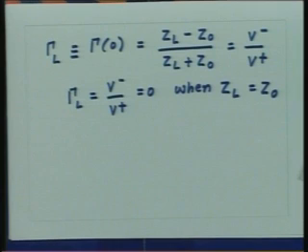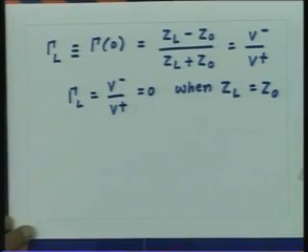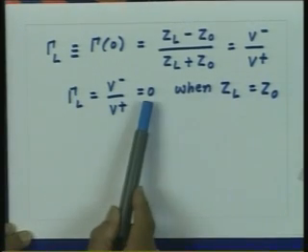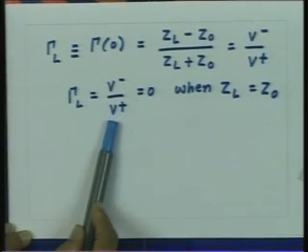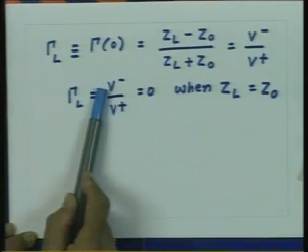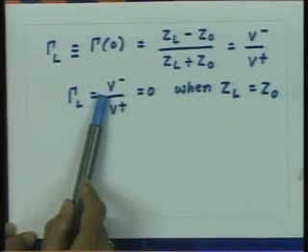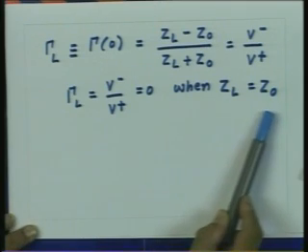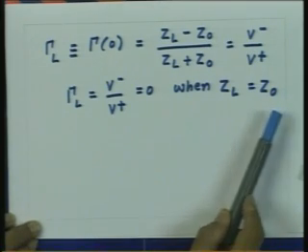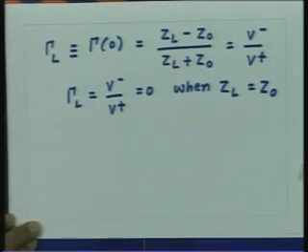Now, this is a very interesting condition. If the load impedance is equal to the characteristic impedance, this quantity is 0, and V plus will not be 0 because we have put some incident wave, so V minus will be 0. In other words, when the load impedance becomes equal to the characteristic impedance, there is no reflection on the line, and that is the condition we are looking for.